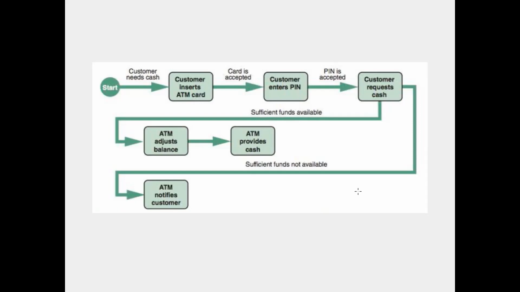So you can see these are the different types of diagrams that you can use, especially when you are designing your information system. These are possible diagrams that you can use to capture various aspects of the design.